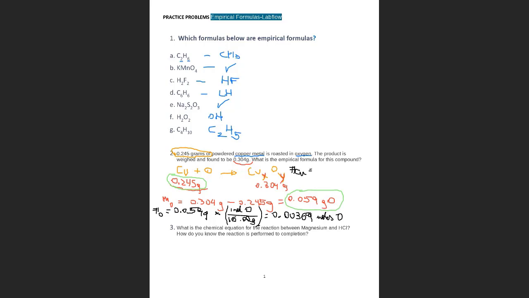So how many moles is it going to be for copper? 0.245 grams. The atomic weight of the copper is 63.55.